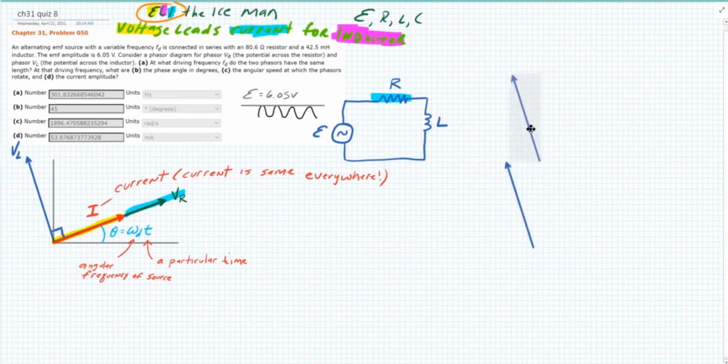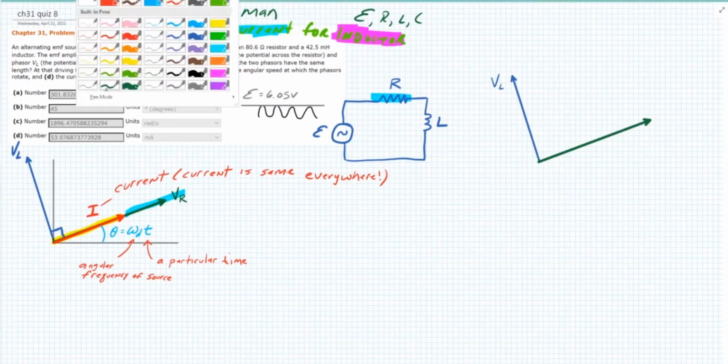Okay, that's my inductor phasor, VL. And here's my resistor phasor. Let me copy and paste that. Okay, this is VR, the basics of the phasor diagram.